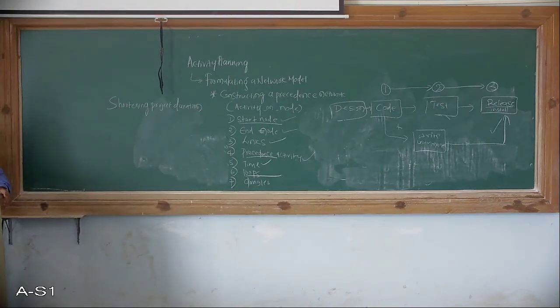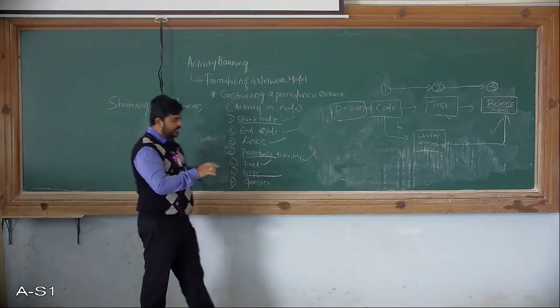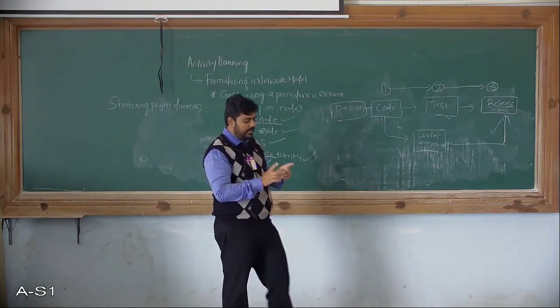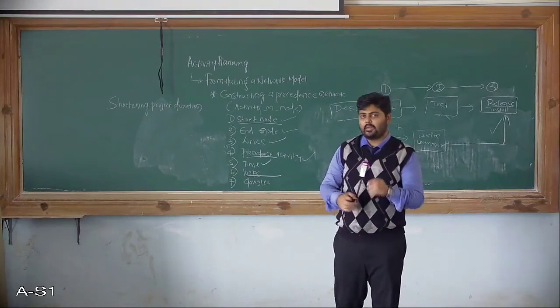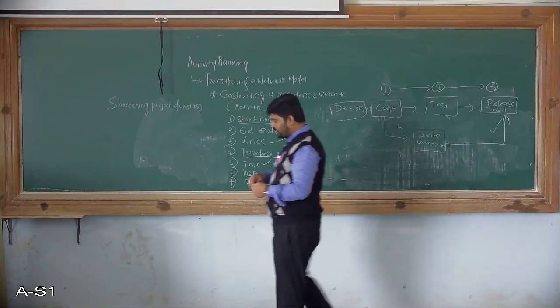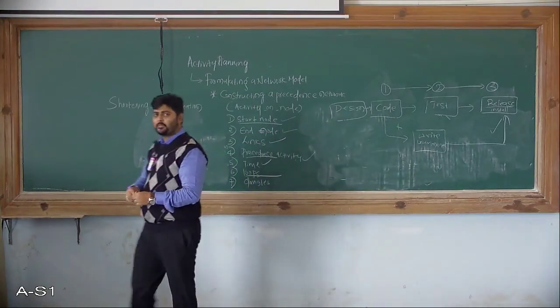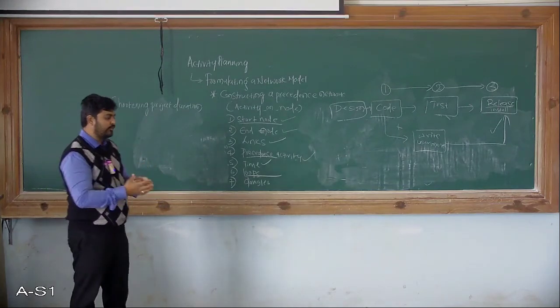Here, one way is by having a critical path. After performing your forward pass and backward pass, we get to know the critical path for that particular project. Using that, you will come across the total float for each activity.